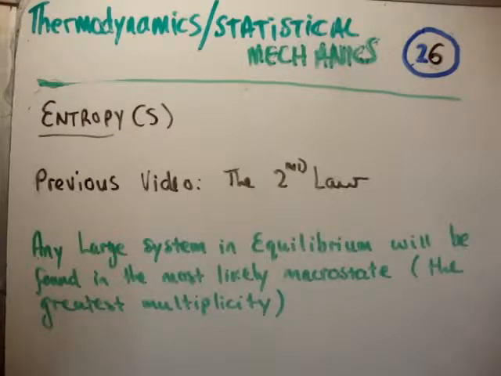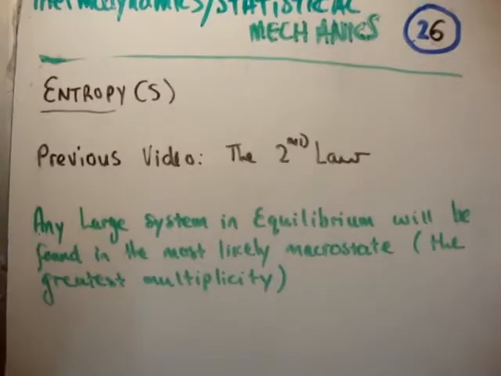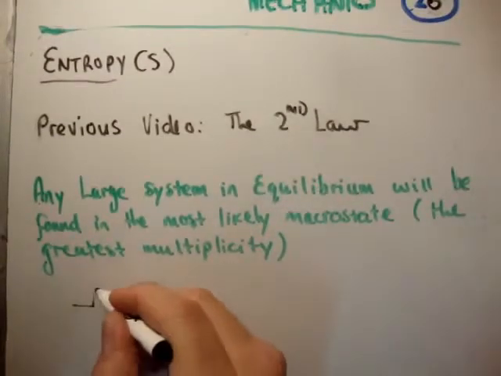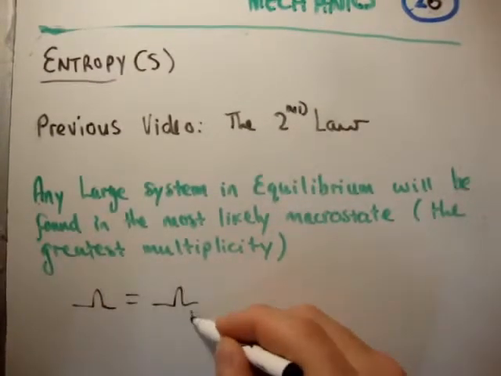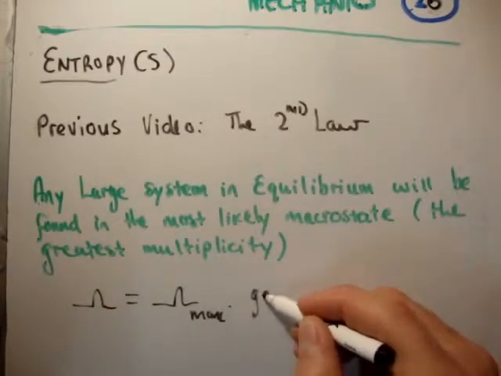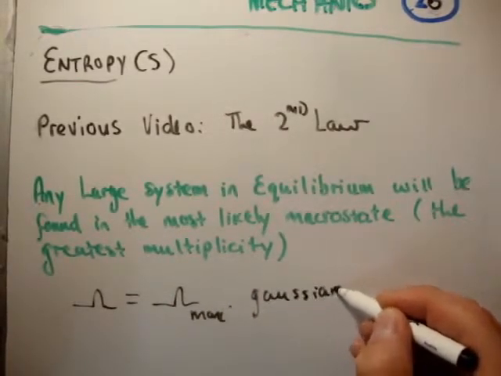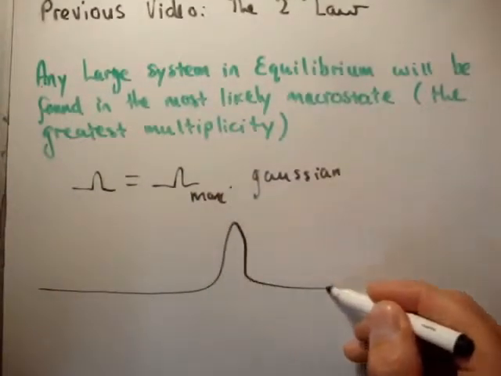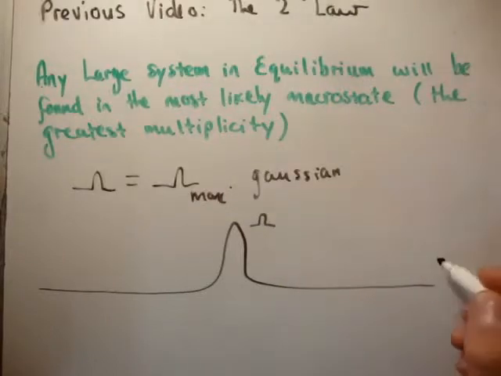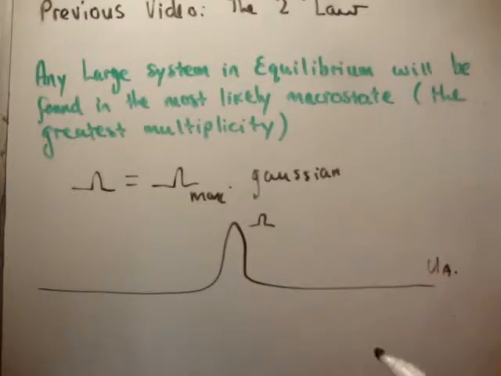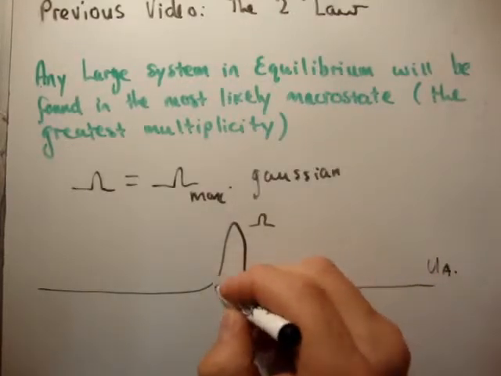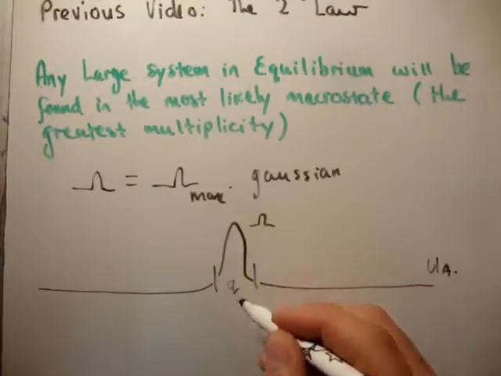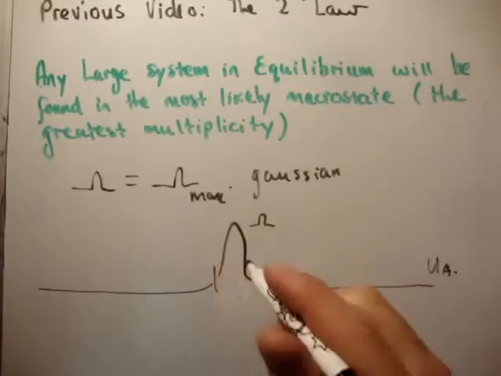We kept seeing this Gaussian function. We kept saying that the multiplicity is equal to the maximum multiplicity multiplied by this Gaussian function. And because the numbers were so enormous, if we plotted, say, the multiplicity versus the energy in one of our solids, we saw that it was zero for almost all energy values except for a very small range of energy values, set around the total energy over 2.